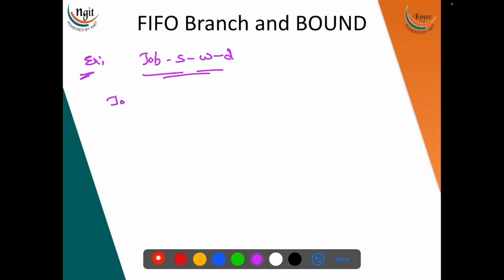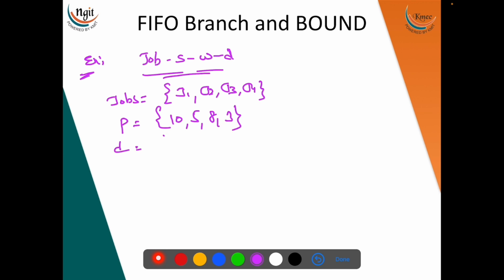Now, assume that you are given some number of jobs J1, J2, J3 and J4, and you are given the profits and the deadlines also, where the profits are 10, 5, 8, 3 and the deadlines are 1, 2, 1, 2.